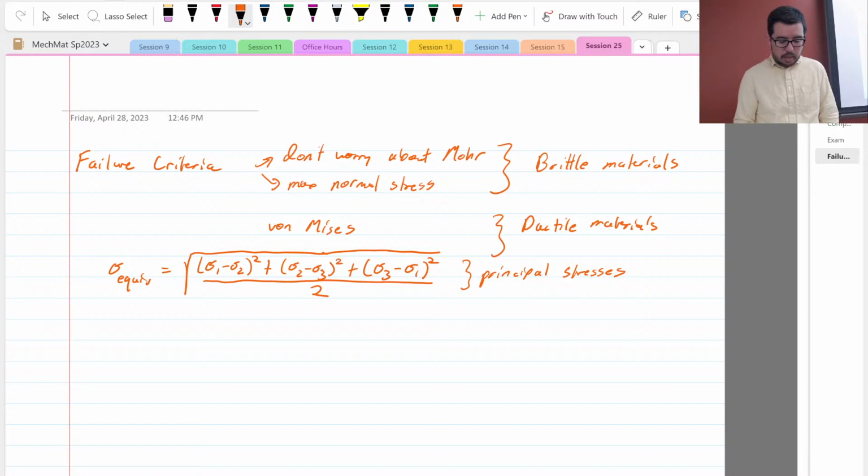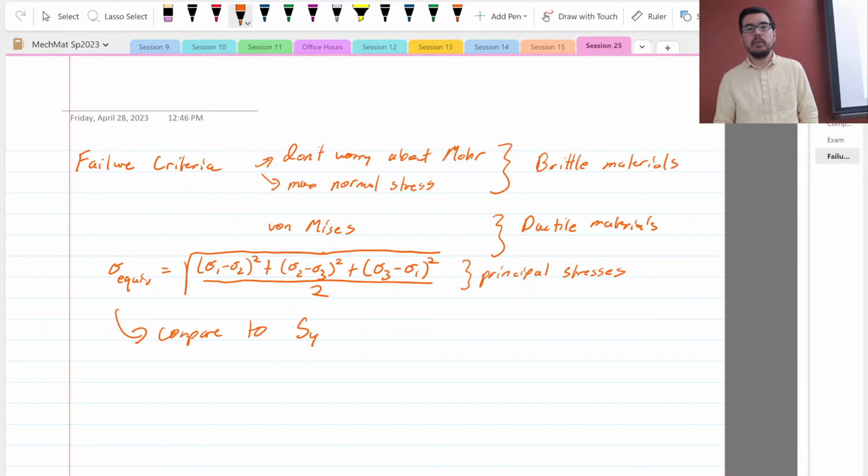The deal is compare to the yield strength. We can get into the fact that this is based on distortion energy, but I'm not going to ask you to tell me what the distortion energy is. That's not a very common thing. But yes, we need to know the equivalent of von Mises.